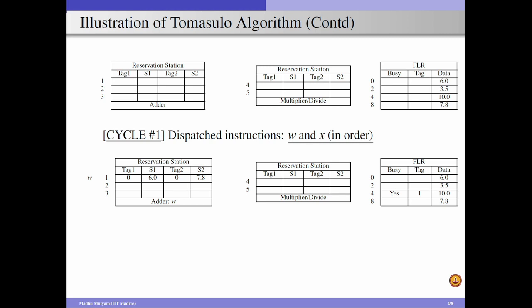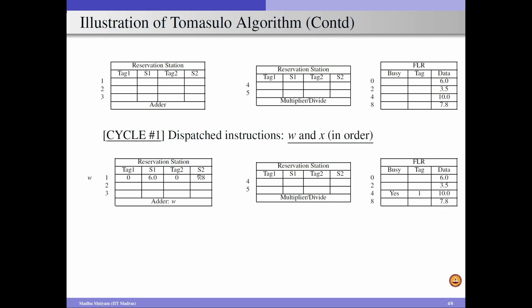So at the end of the computation of this add instruction, our R4 is going to have the new value, the computed value, that will be 13.8. So in order to indicate that R4 is currently under updation, we have to go to this FLR, floating point register file, and we have to indicate that this value is a stale value, and that will be indicated by a tag 1. This 1 is nothing but the entry of the reservation station.